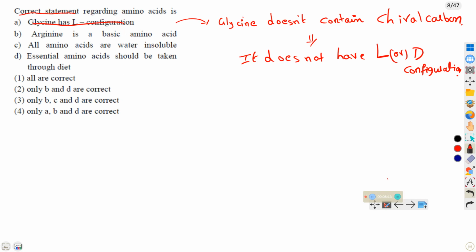Arginine is a basic amino acid. Correct. Arginine is a basic amino acid as well as an essential amino acid. All amino acids are water insoluble. No, this statement is also wrong.